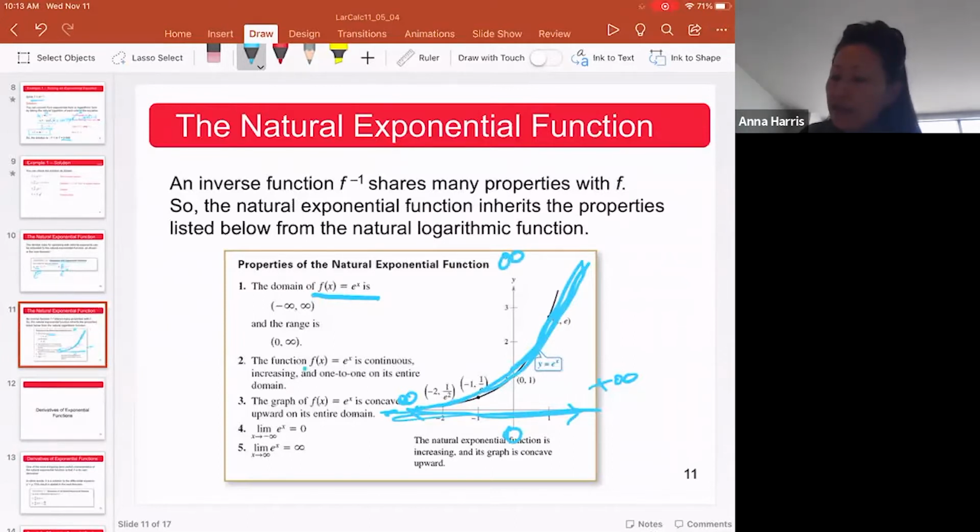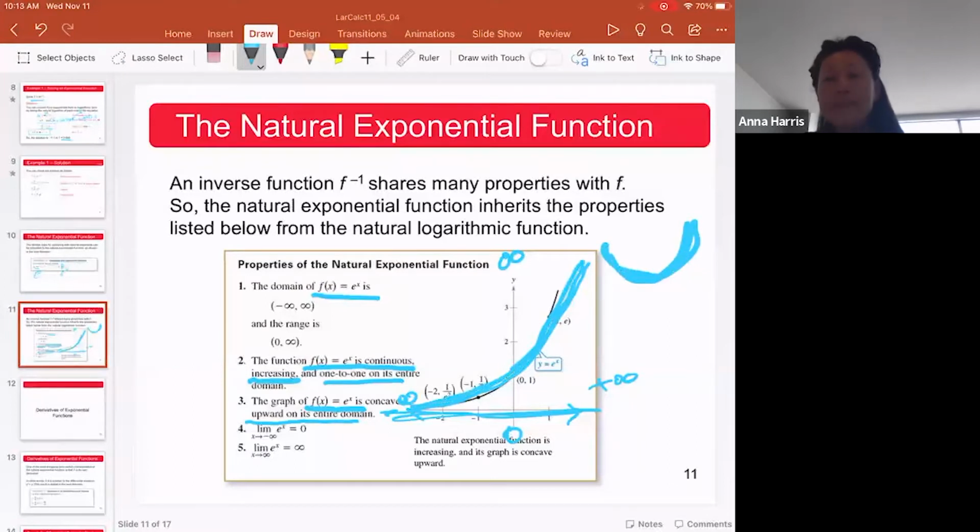All right, function f of x is a continuous and increasing and one-to-one entire function. The graph of f of x equal to e to the x is concave upward on the entire domain. This is concave up. That's concave up. So this is concave up. And the limit as x approaches negative infinity goes to 0.